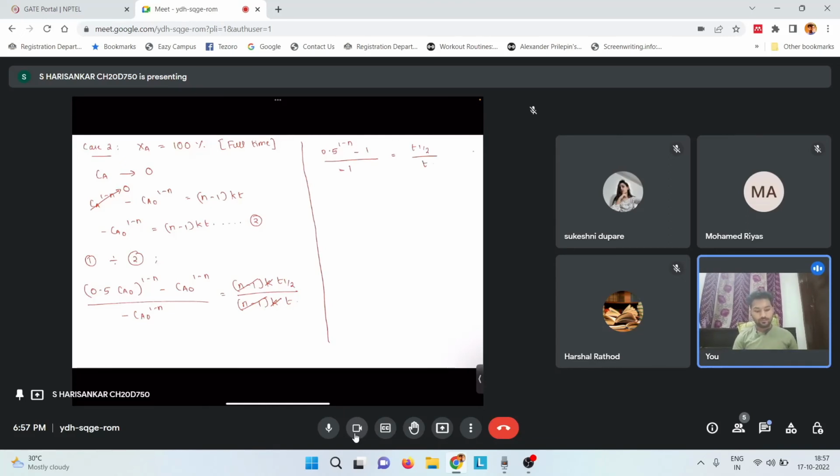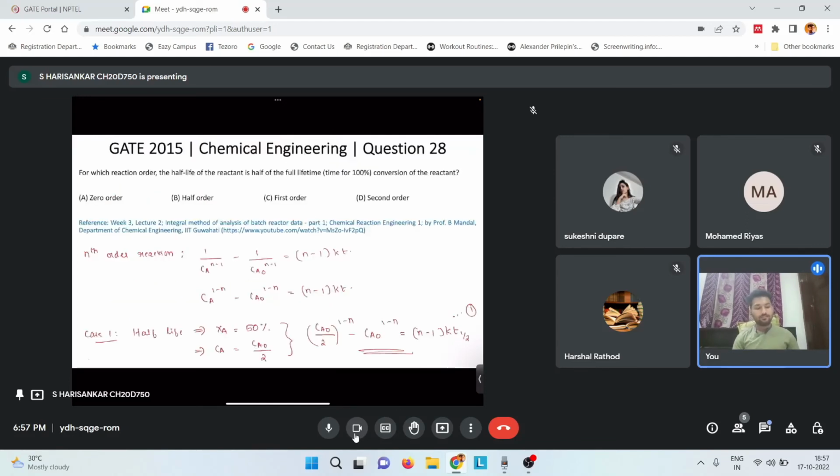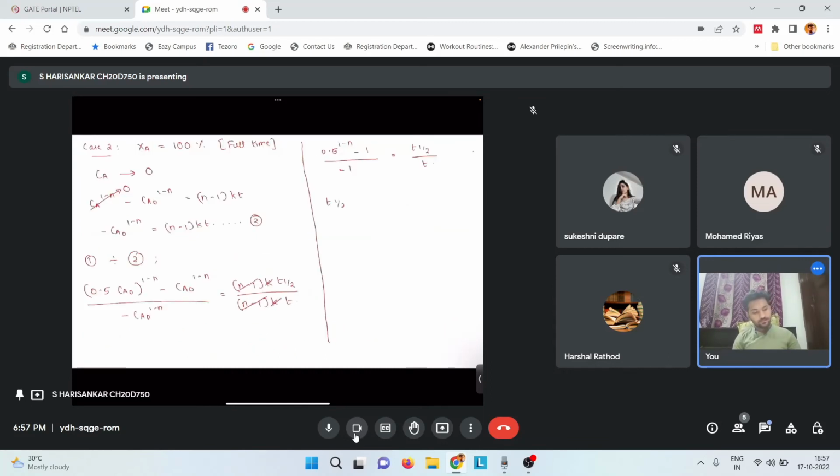Here in the question, they have asked that half-life of the reactant is half of the full time, the time for 100% conversion. So that means t half is nothing but 0.5 into t. That means half-life is nothing but 50% of full time.